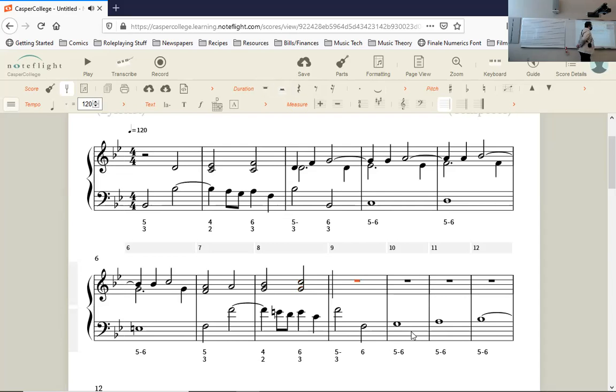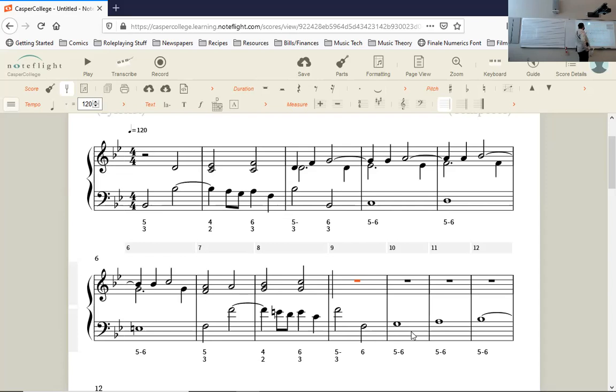And that's 5. Also, we're setting things up, so E. It looks the same as the beginning, just in a different key. So what is this measure going to look like? Going up still. The bass here is the same as this bass, so we're just going to copy the same pattern in a different key.